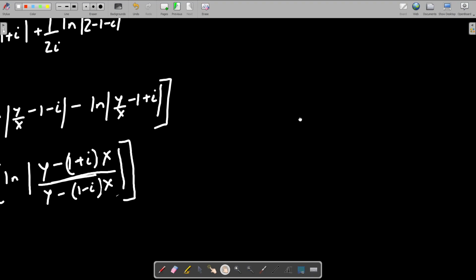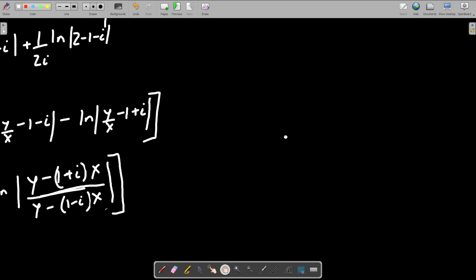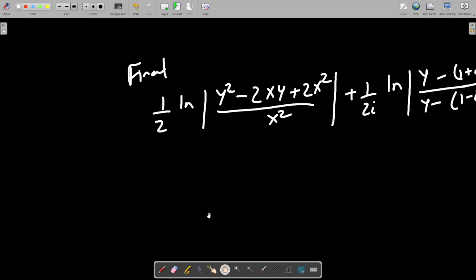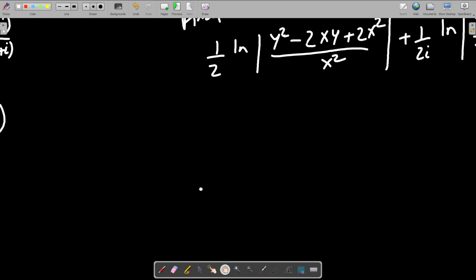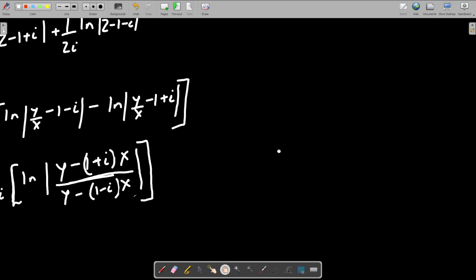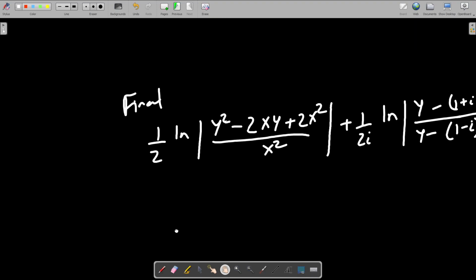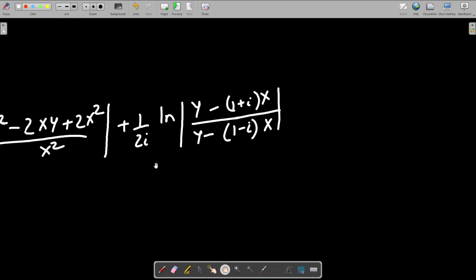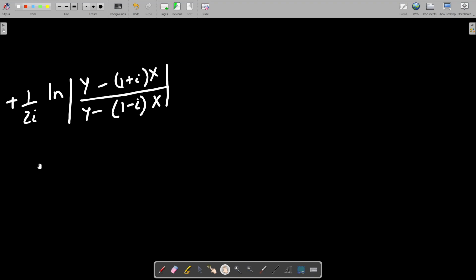Oh, it was plus i in the numerator. Plus i and, oh, I got it correct, both places minus, but I got it correct. Okay, and the RHS integral was supposed to be ln of x plus ln of c. Okay, so this is your final answer.